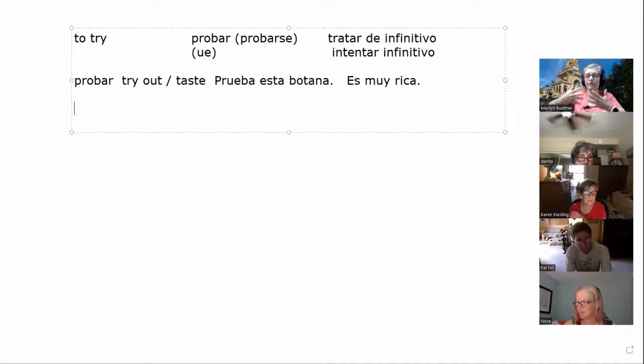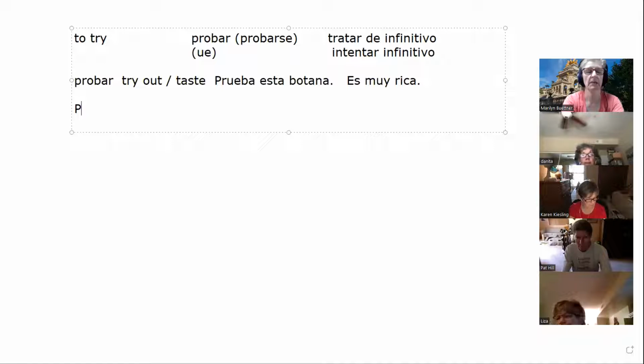Probarse is more for when you try on, because you're putting it on your body. Yeah. So it goes back to that reflexive idea. You try on clothing. See? Sí. Puedes probarte esta camisa allá.